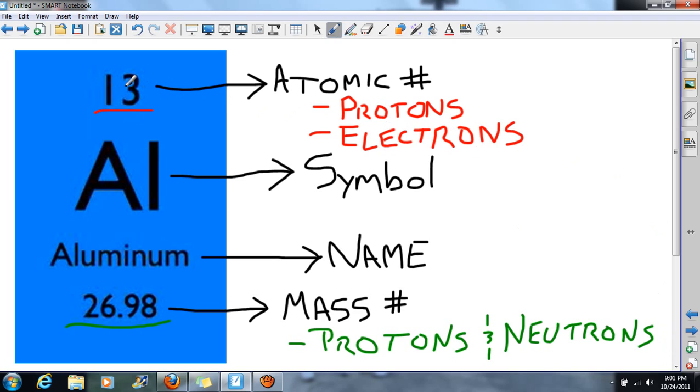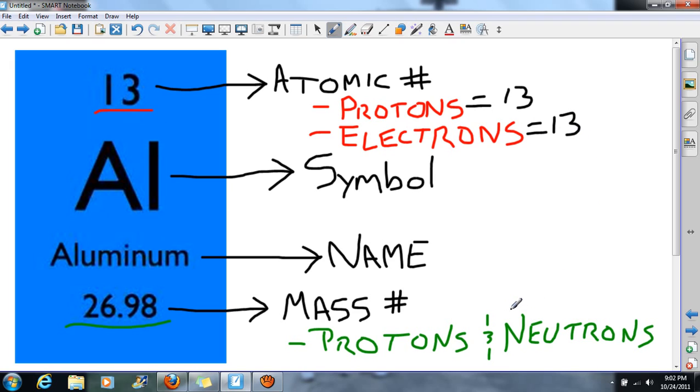Since we know the top number tells us the number of protons, 13, and this down here tells us the number of protons and neutrons together, all we have to do is a little bit of math and we can figure out how many neutrons there are. So if protons equal 13, electrons equal 13.